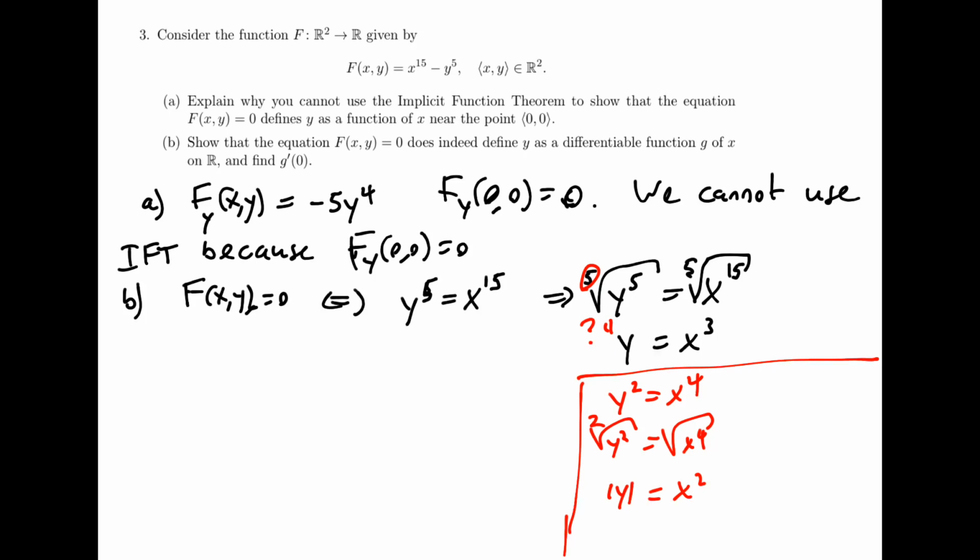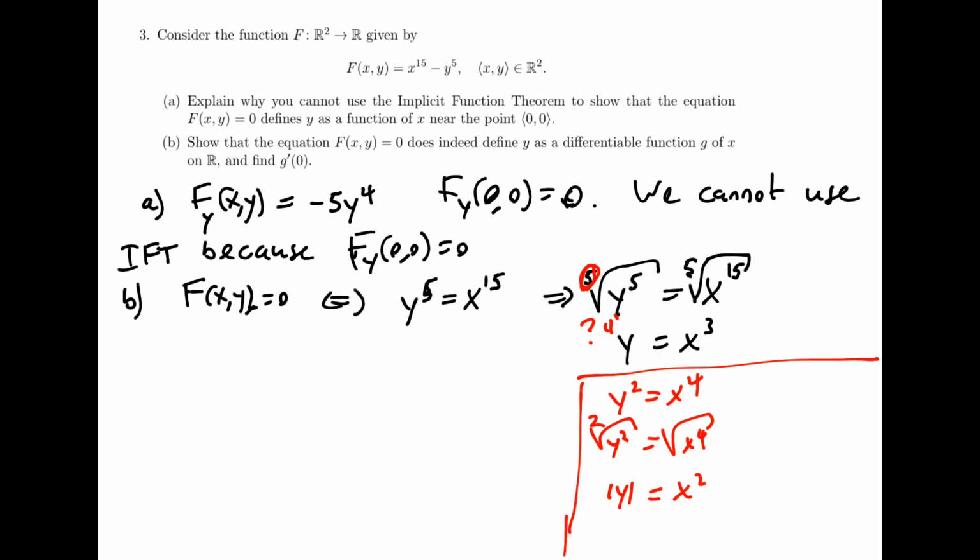Whereas if I take a negative number and raise it to an even power, I get a positive number. This is the reason it works like this for odd roots, because the inverse operation, which is raising to an odd power, preserves negativity, and therefore we get just y and not the absolute value of y.